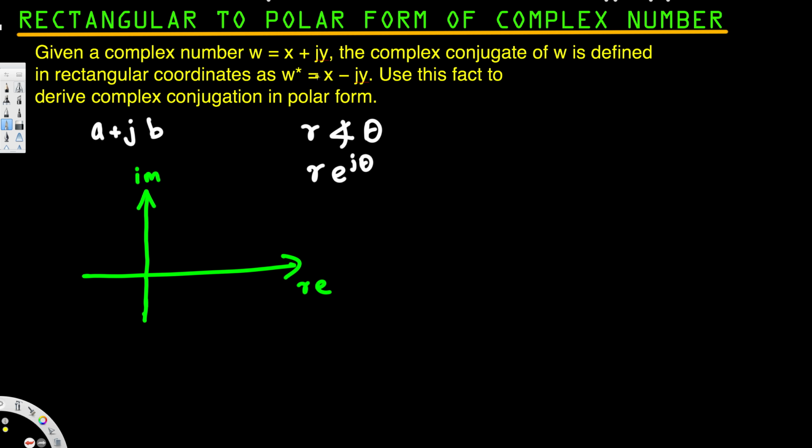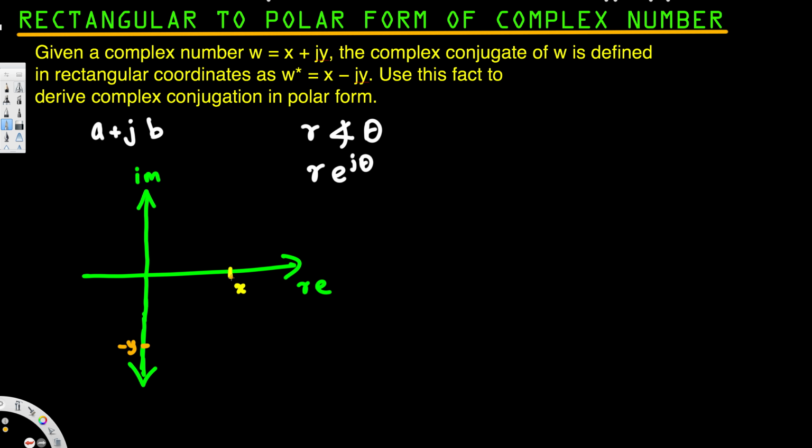So here the conjugate form is going to be x in the x direction. In the real one we have x, so let's say this is x, and in the imaginary one we have negative y. Negative y means it's going to be somewhere down, on the negative y-axis. So let's say it's somewhere here.